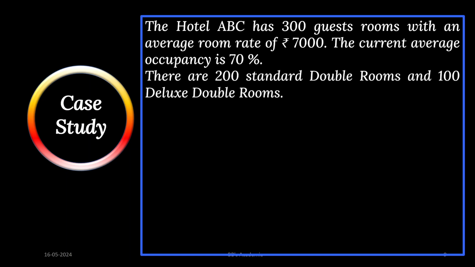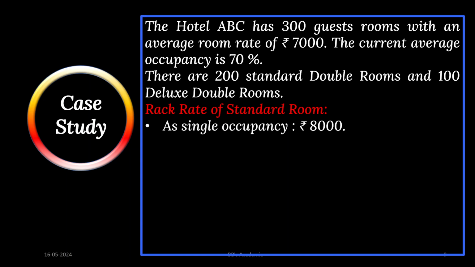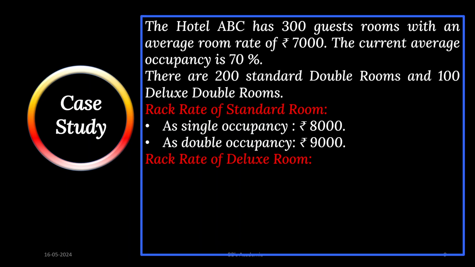There are 200 standard double rooms and 100 deluxe double rooms. Rack rate of standard rooms as single occupancy is rupees 8,000, and as double occupancy rupees 9,000. That is the rack rate for the standard rooms. For single occupancy 8,000, for double occupancy 9,000. Rack rate for deluxe room.